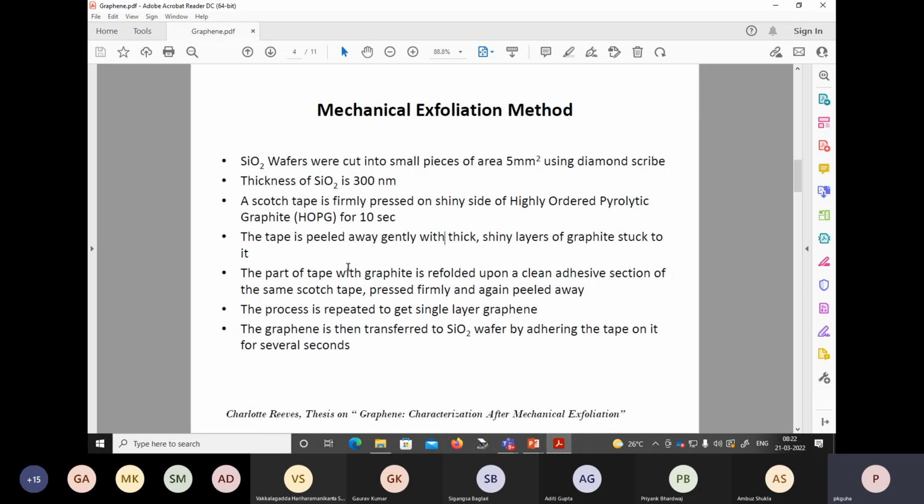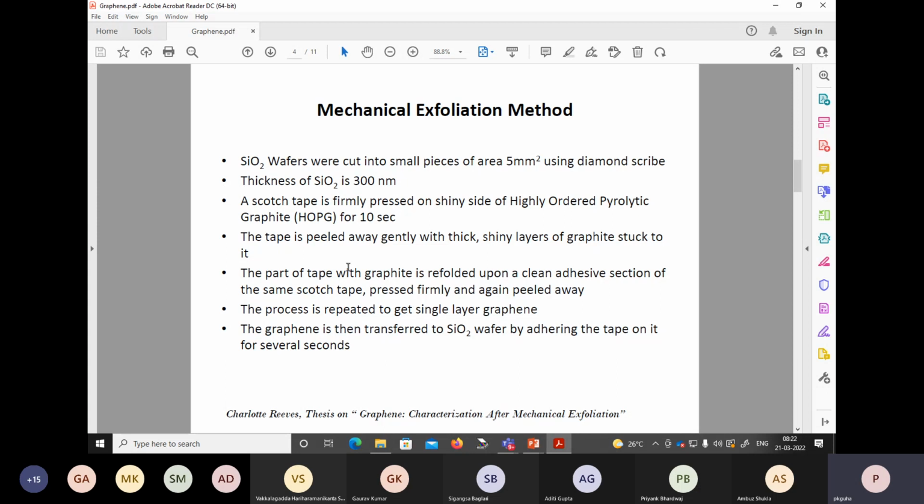Every time you remove the scotch tape, you are basically detaching some of the layers. This is how you end up with a few layers of graphene.